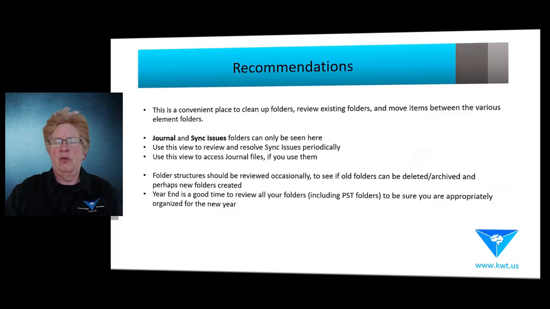There's a sync issues folder that will appear in here. You normally don't have to do anything with this, but it does contain any information, warnings and errors where Outlook had issues with synchronizing your client with the back-end servers.